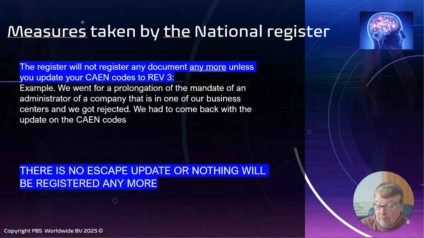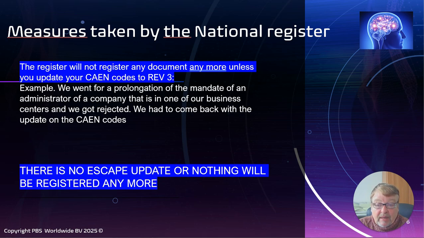So the register, on national level, and also in every province, big city, in the capital of the province, in these cities, they took some measures. The register will not register any document anymore unless you update your CAEN codes to revision 3. Example, we had a client whose mandate expired as administrator.